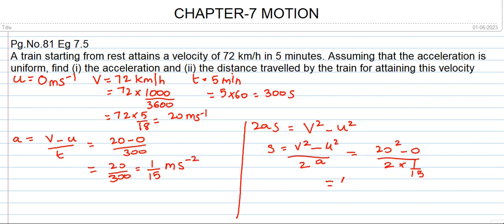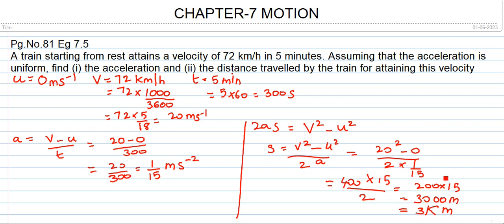So we have 400 into 15 by 2, which is 200 into 15. So we have 3000 meters. So this 3000 meters is equal to 3 kilometer.